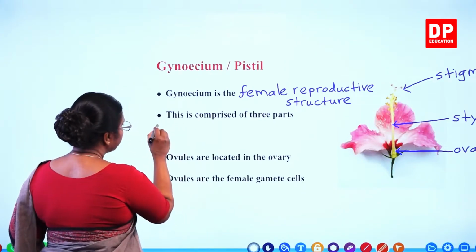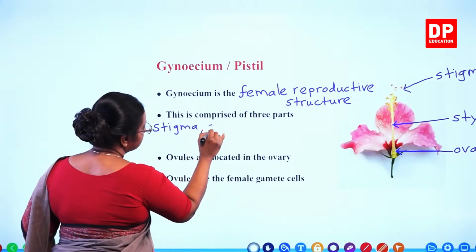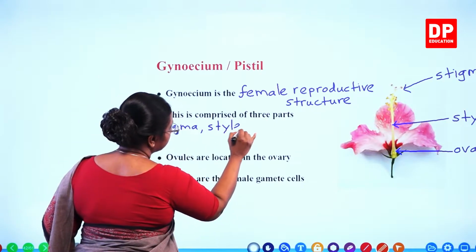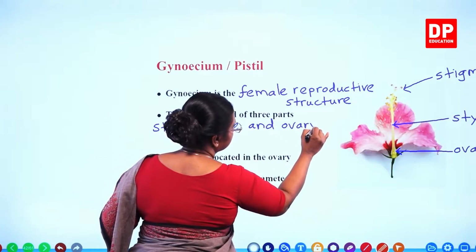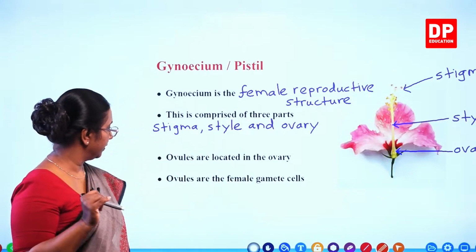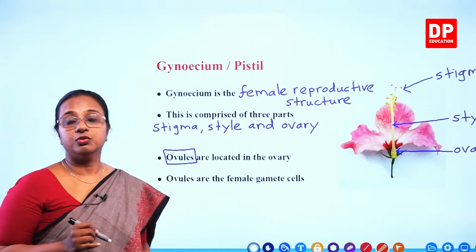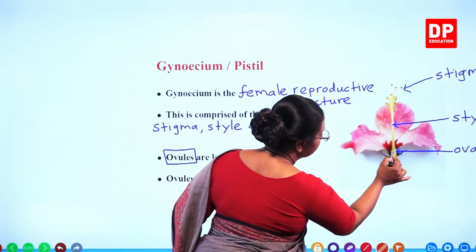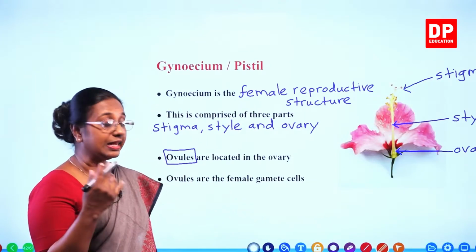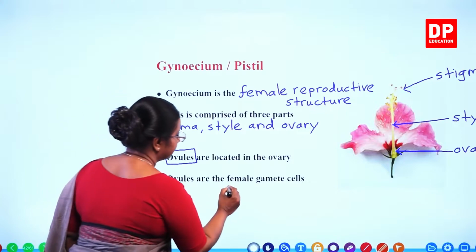What are they? Stigma, style and ovary. And the ovules are located in the ovary. Inside the ovary, if you look closely here, you will get the ovules. And ovules are the female gamete cells.